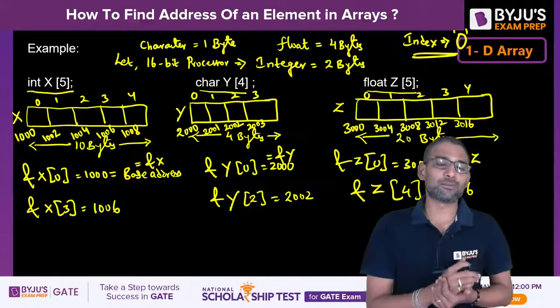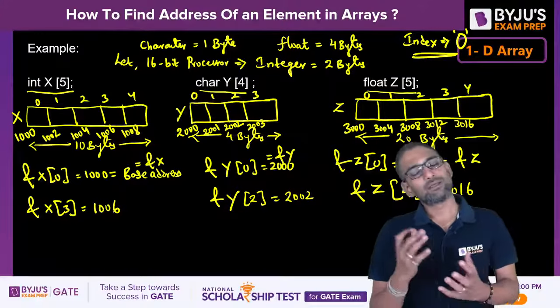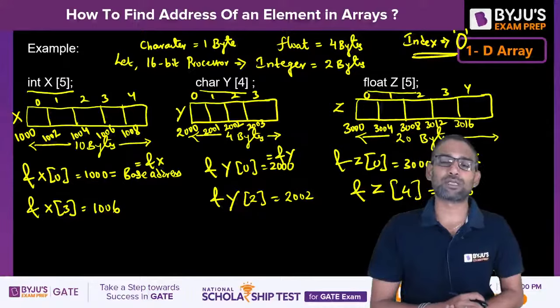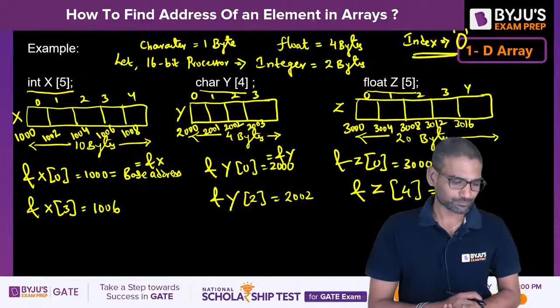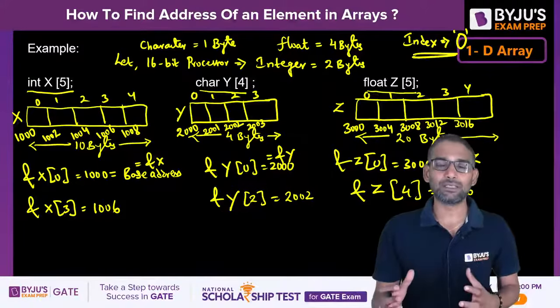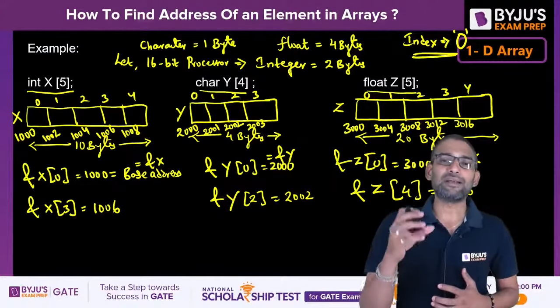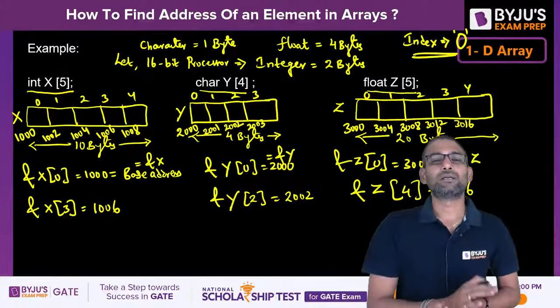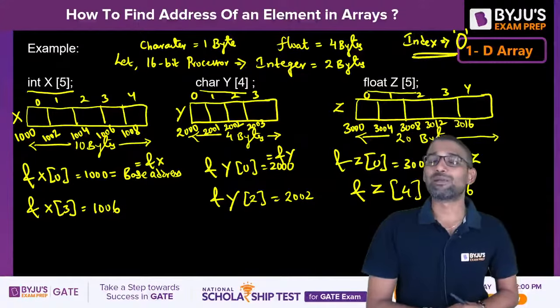I am talking about 1D array for a while. Very soon we will talk about 2-dimensional array also, right? If the array size is very big, definitely finding the address in this brute force method is a very troublesome procedure.